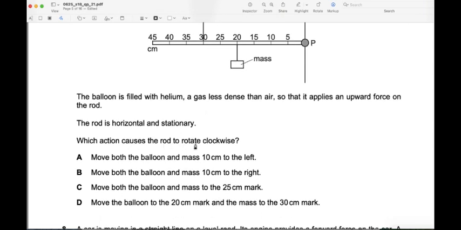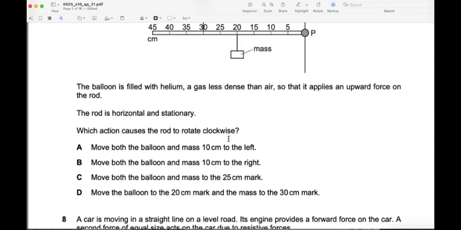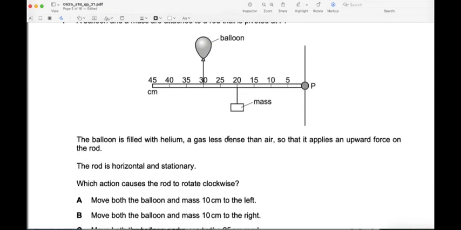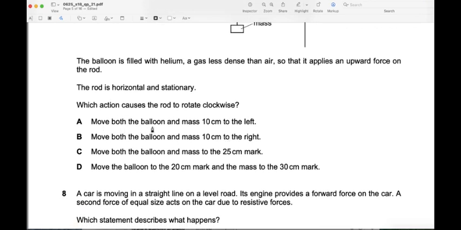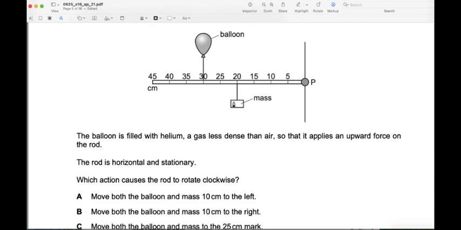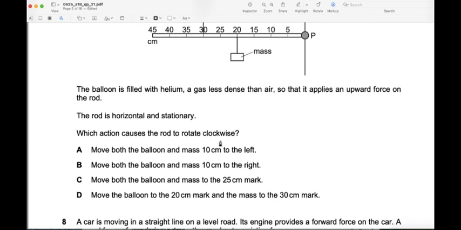Which action causes the rod to rotate clockwise? A. Move both the balloon and the mass 10 centimeters to the left. No. If we move this one to the left and this one to the left, it will rotate anti-clockwise. So A is not the best option.